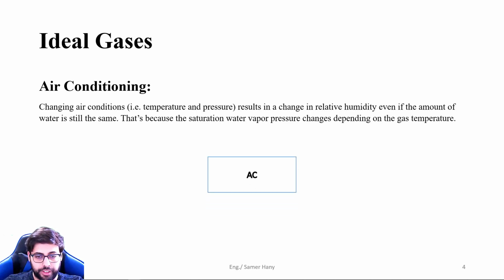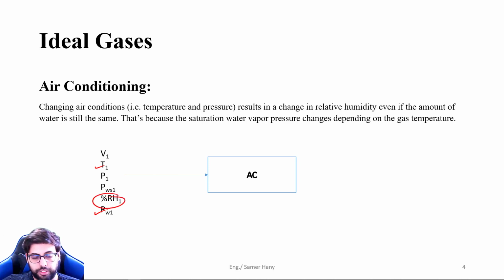So if we have an air conditioner that changes the air conditions, and we introduce a gas or air into it in a stream with V1, T1, P1, and the saturation at T1 for water vapor, we can calculate the relative humidity, knowing the partial pressure of water vapor that's actually in the air mixture.